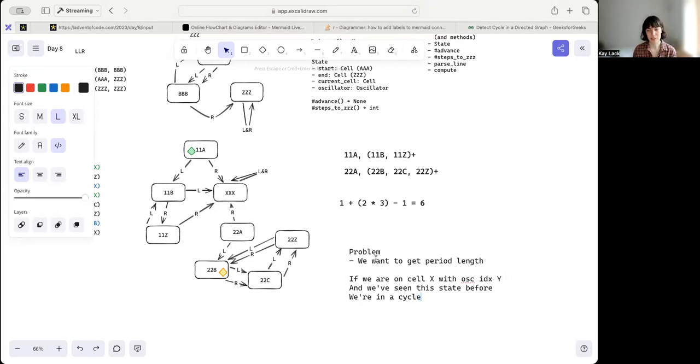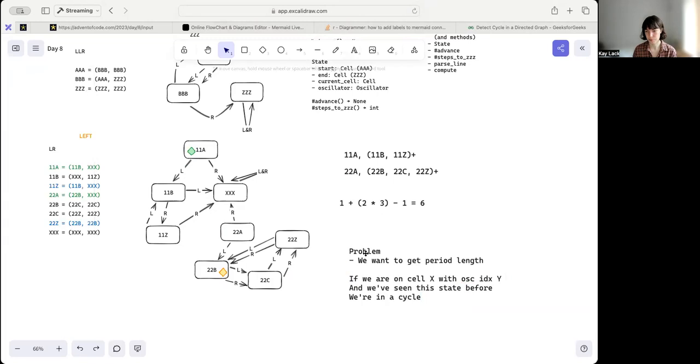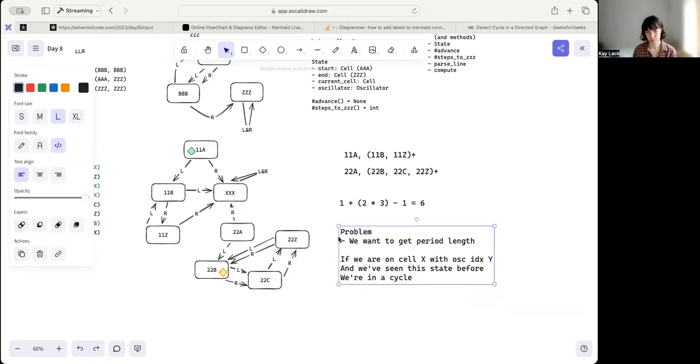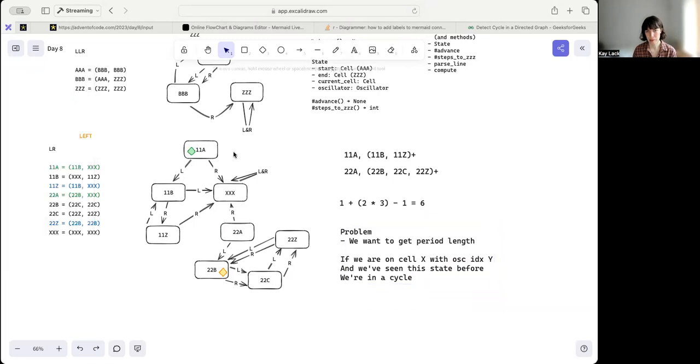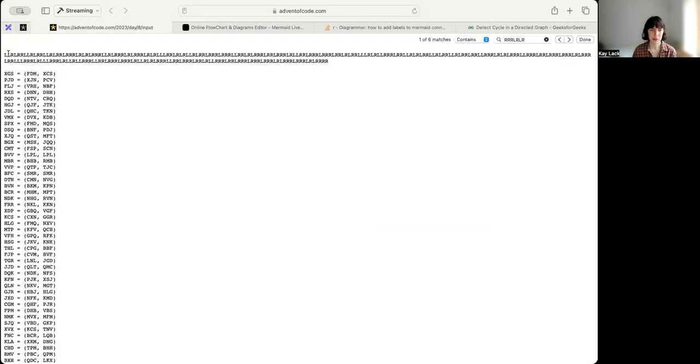But if that does work, the maximum length of a cycle then is going to be the length of this, which is 282 characters long, multiplied by the length of the graph, I think.